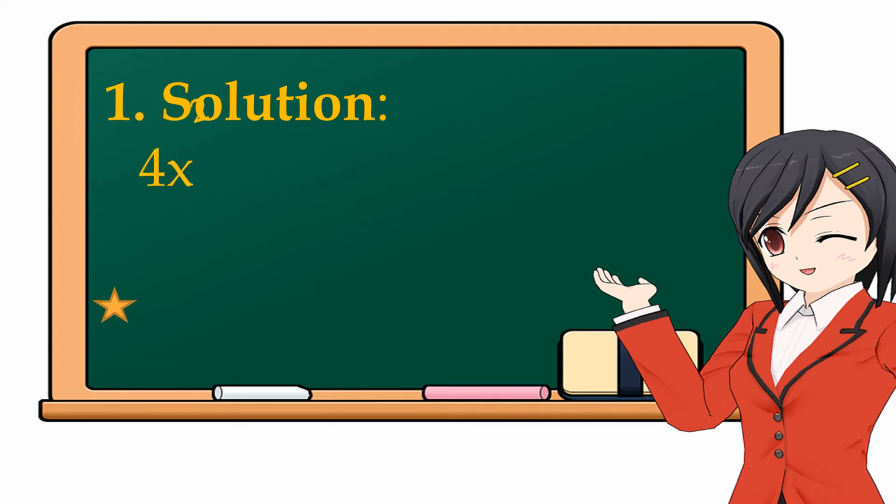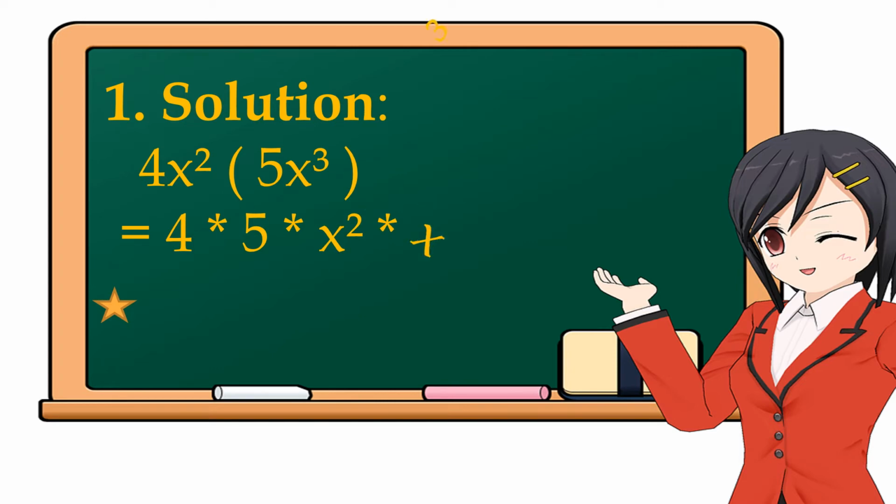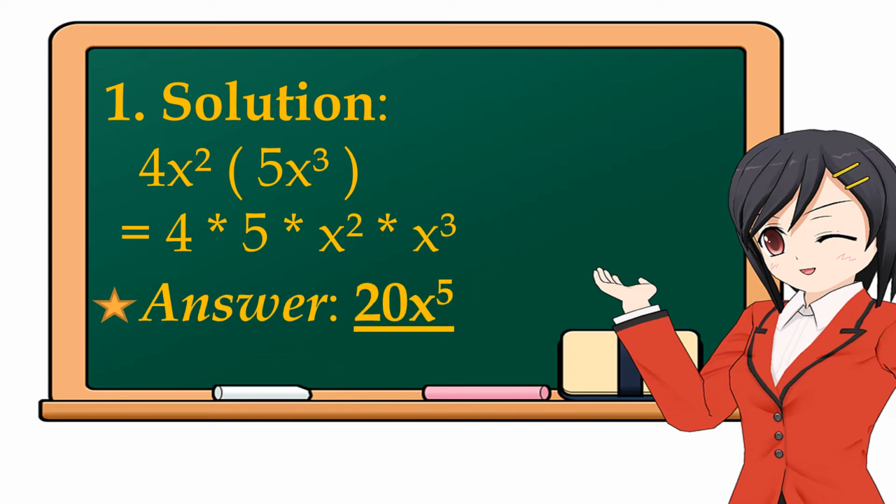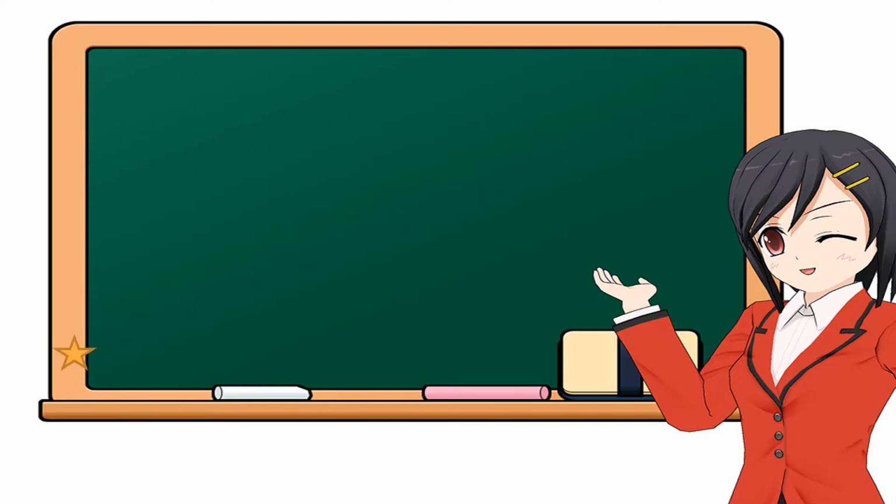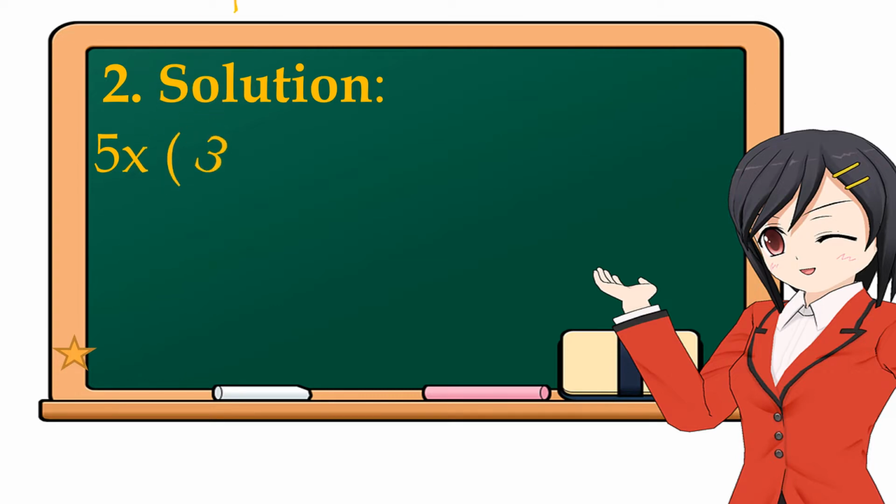So when we multiply 4x squared by 5x cubed, we will get 4 times 5 times x squared times x cubed, which is equals to 20x raised to 5. For number 2, so 5x multiplied by quantity 3x squared plus 2.